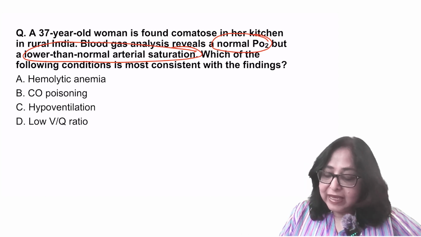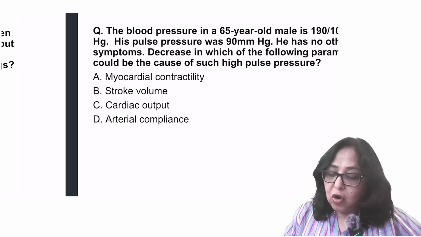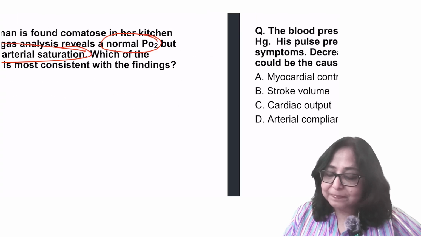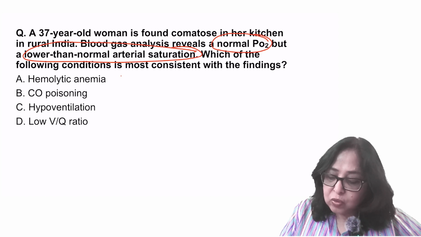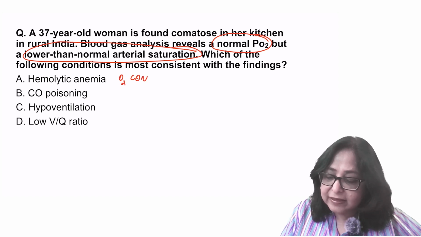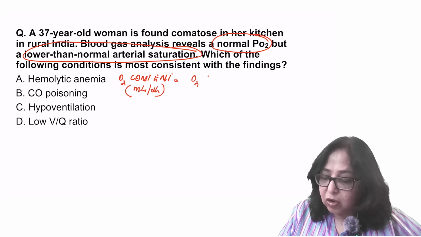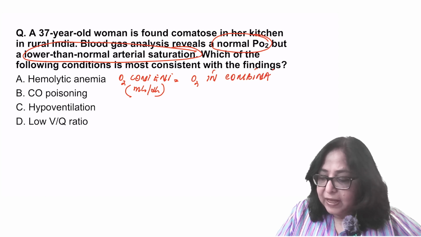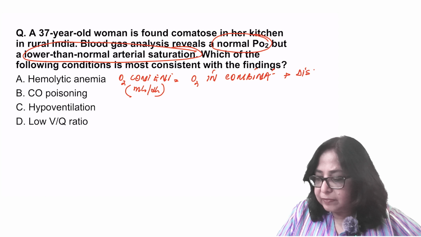Now, we know that when you look at the oxygen content of the blood, this is the total oxygen which is present in the blood, in ml per 100 ml. This is the oxygen in combination with hemoglobin plus the dissolved oxygen.